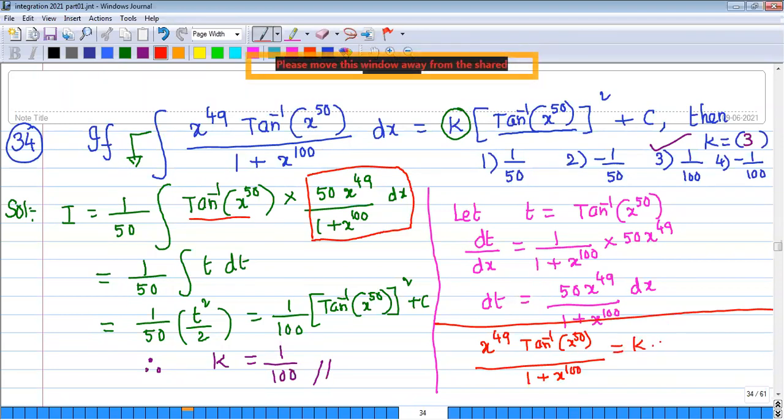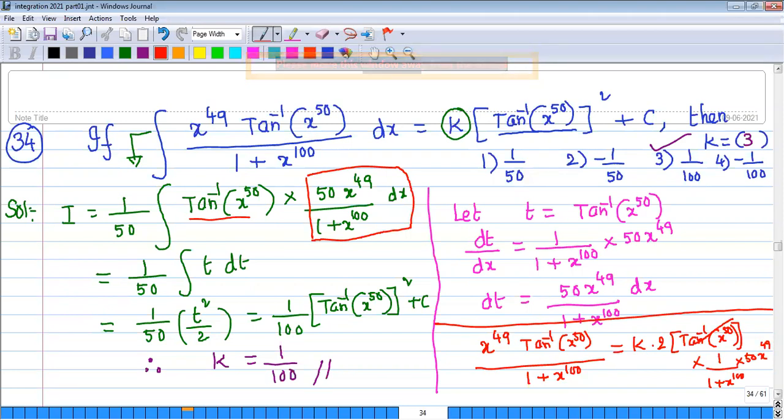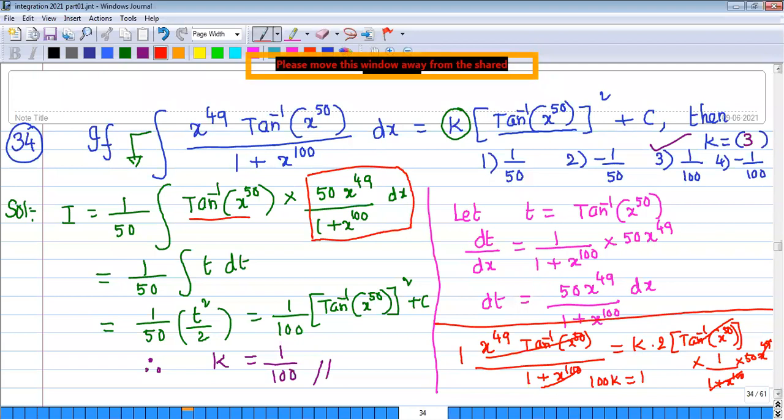Derivative of this one is 2 times tan inverse x to the power of 50 into tan inverse x to the power of 50 derivative, 1 upon 1 plus x to the power of 100 into 50 times x to the power of 49. See, tan inverse x to the power of 50, x to the power of 49, 1 plus x to the power of 100 cancel this one. Here we have 1 equals 50 into 2 into k, 100 k is equal to 1. You know the k value. This is only a single step problem.